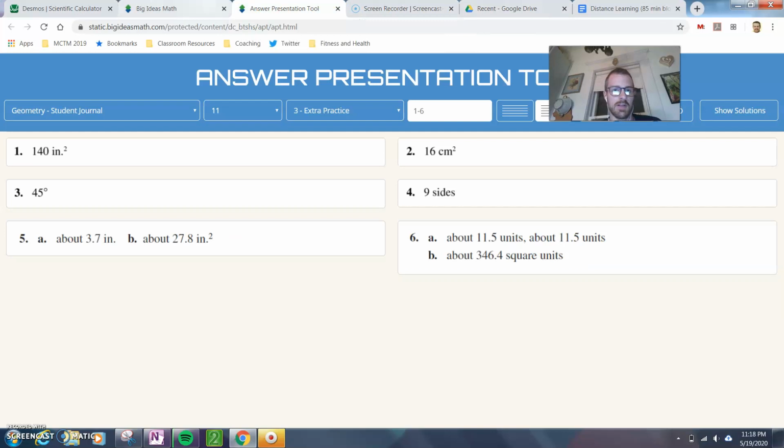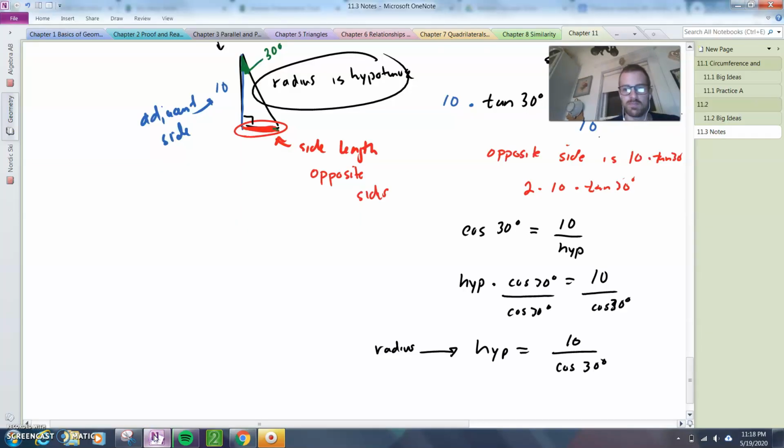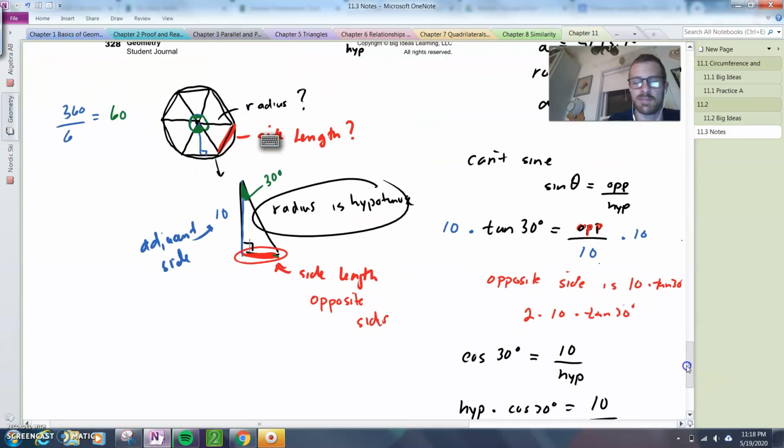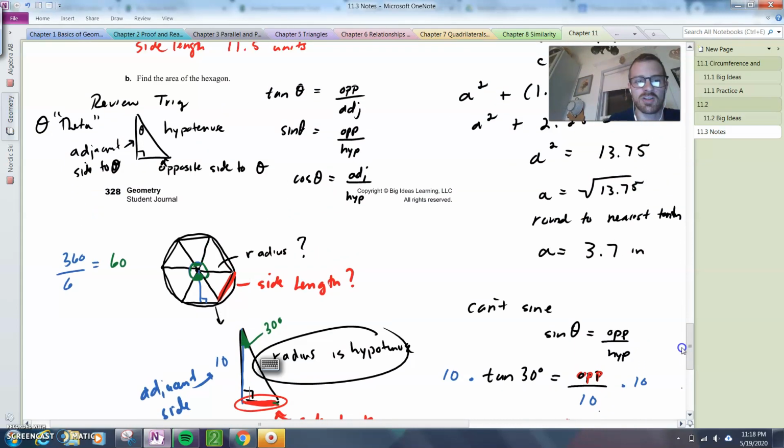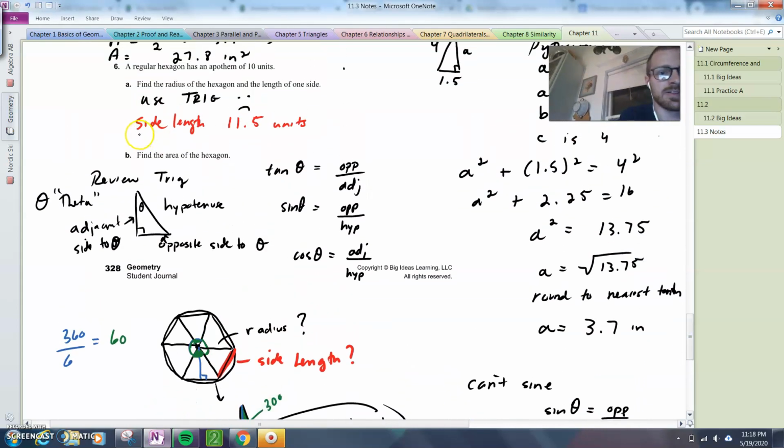Got it, right there. So it looks like my hypotenuse and my side length are the same. So the hypotenuse, or the radius, sorry, which is that radius, was also 11.5 units.